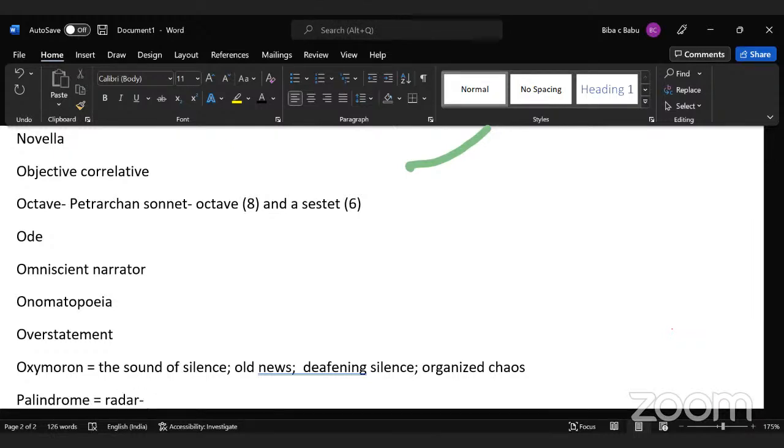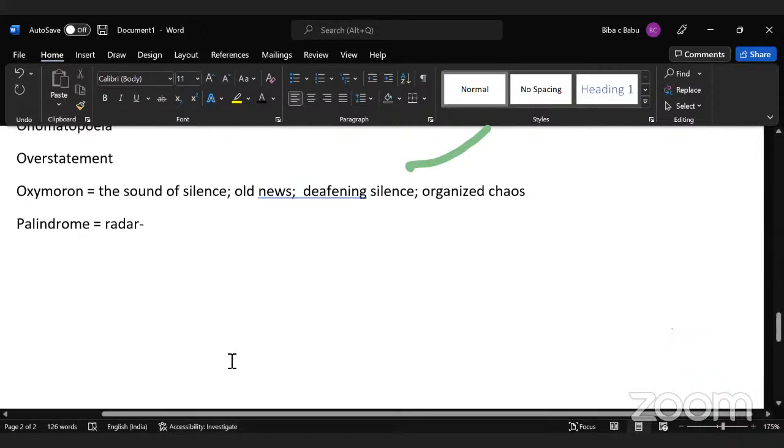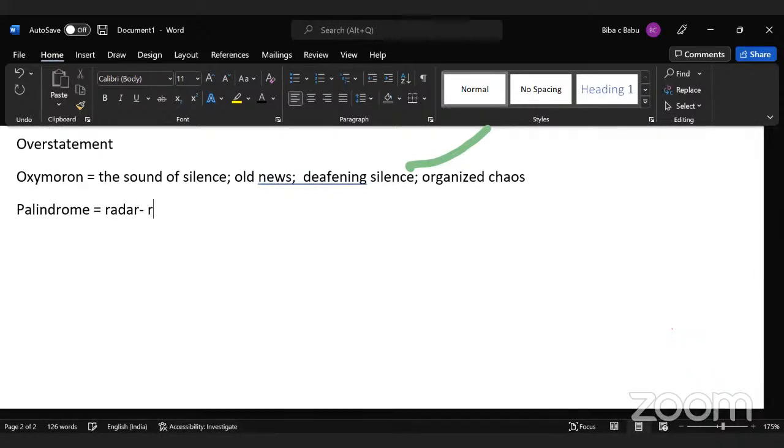R-A-D-A-R. Written in reverse order, it is the same. Another word, madam. In reverse order, it is the same. So this is a palindrome. A palindrome is a word or a sentence.